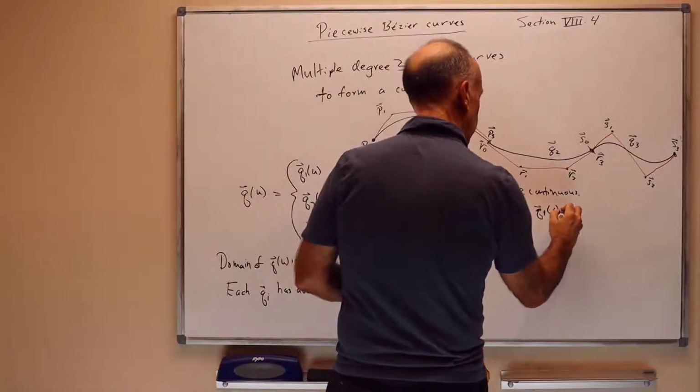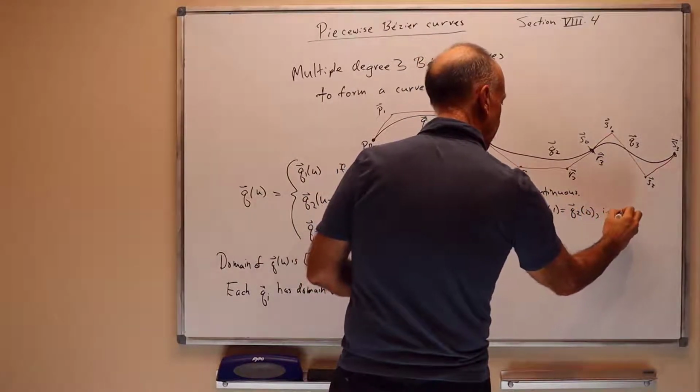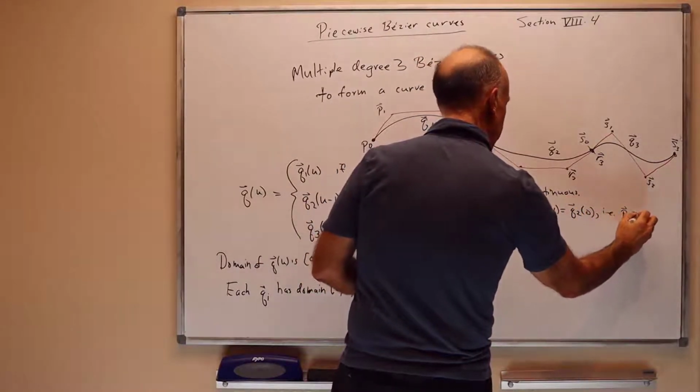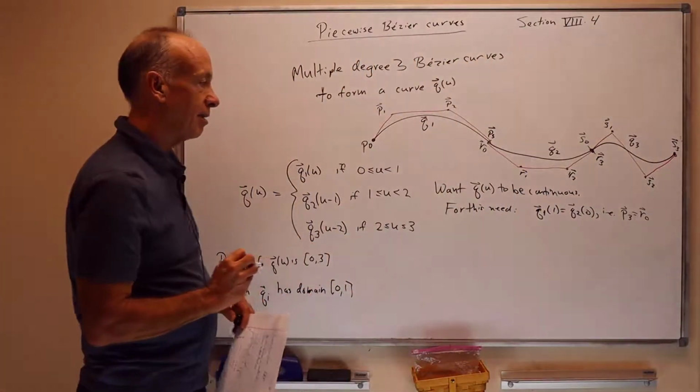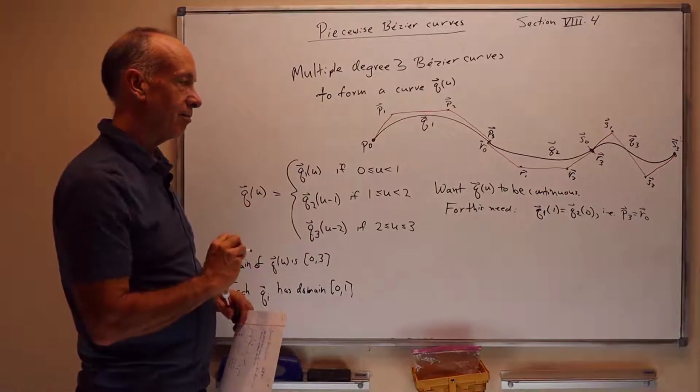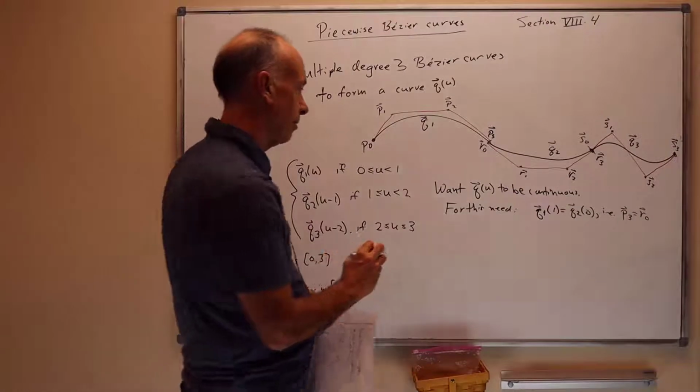Q1 of 1 is equal to Q2 of 0, i.e. P3 is equal to R0, because P3 is where Q1 ends at U equals 1, and R0 is where Q2 begins at U equals 0.